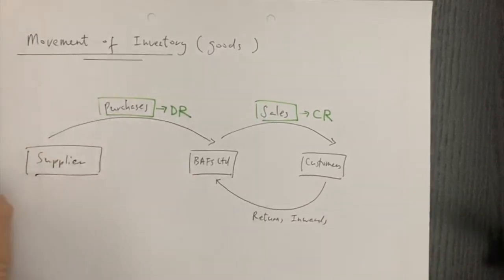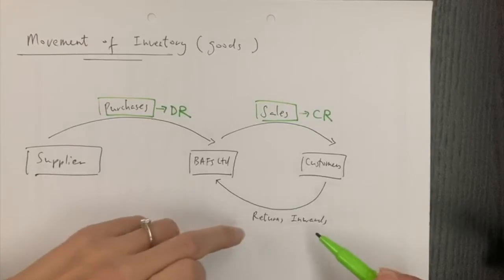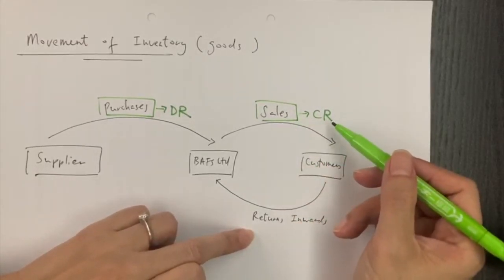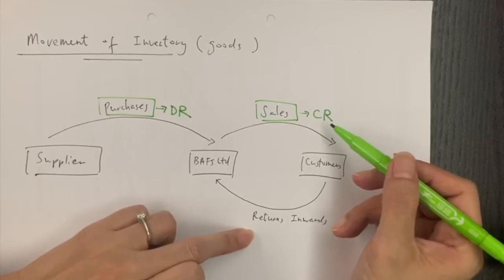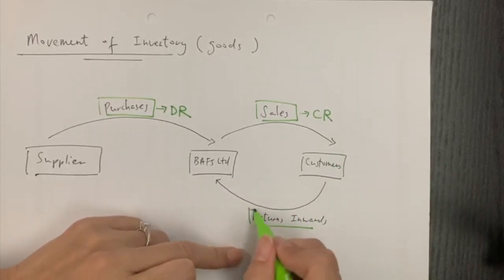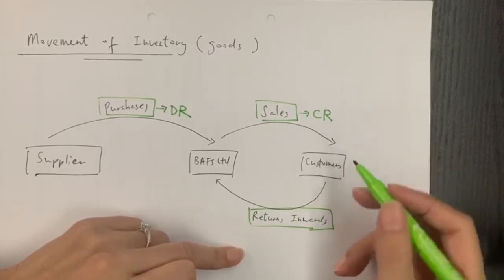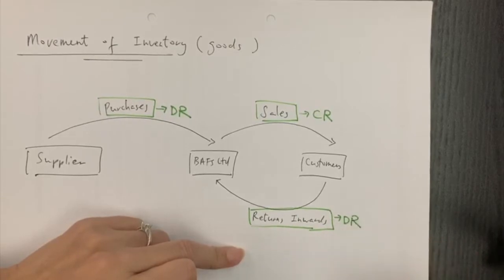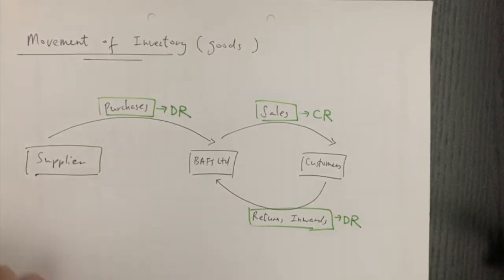Since returns inwards is opposite to sales, and sales is a credit item because it is a good thing to the owner and increases capital, what do you think about returns inwards? Returns inwards must be opposite to that. So this is a debit item. This is very, very important.